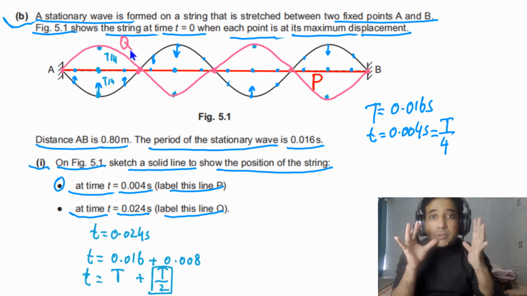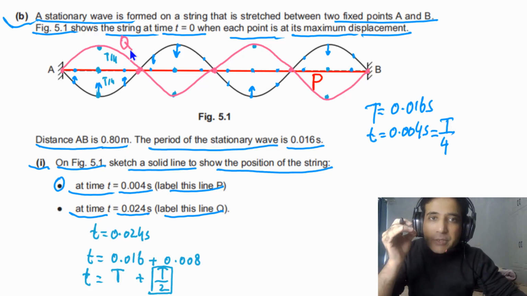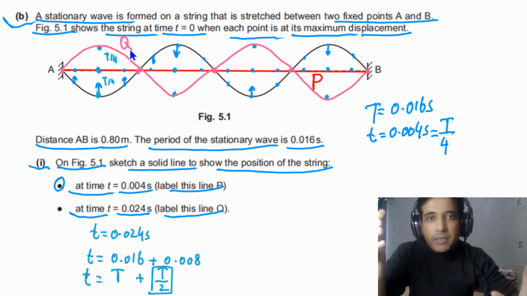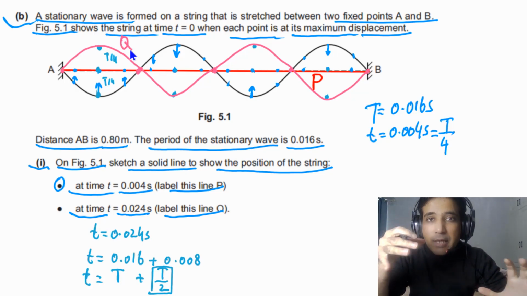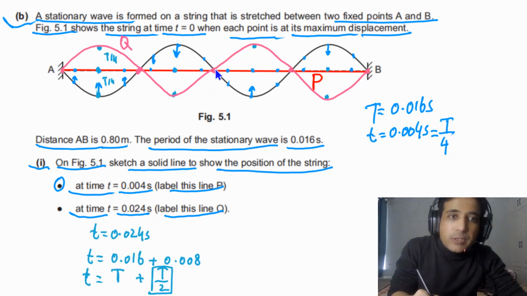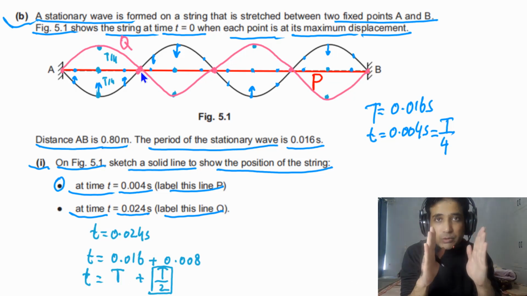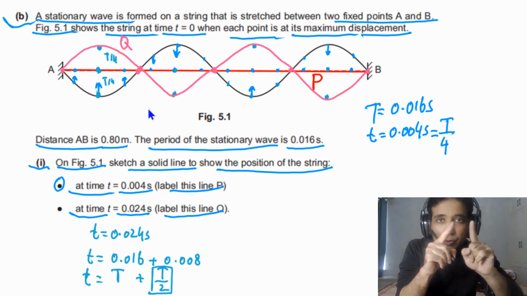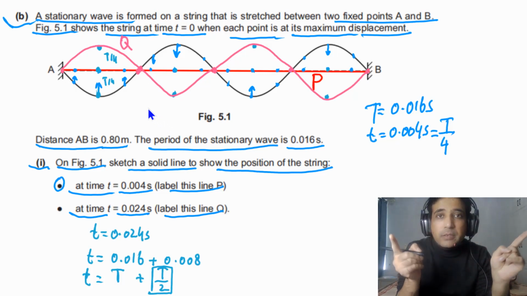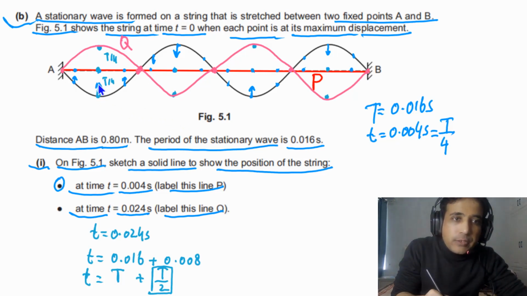Beautiful question about stationary waves. If this question is clear to you, it means you have a good understanding of stationary waves. You need to understand that particles between any two consecutive nodes are always in phase, and particles on the two sides of any node are in antiphase. So when this particle is moving up, this particle will be moving down because they are on two sides of the same node.